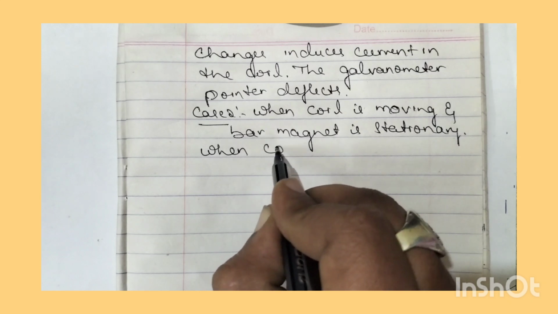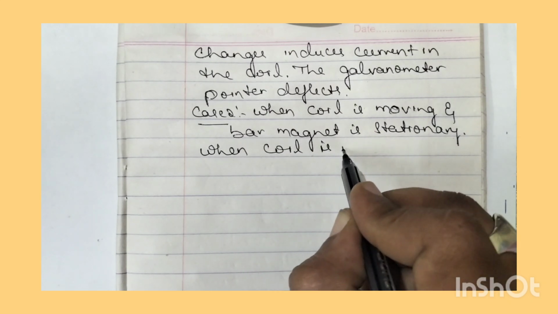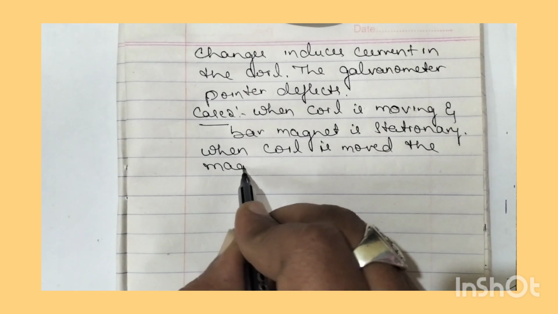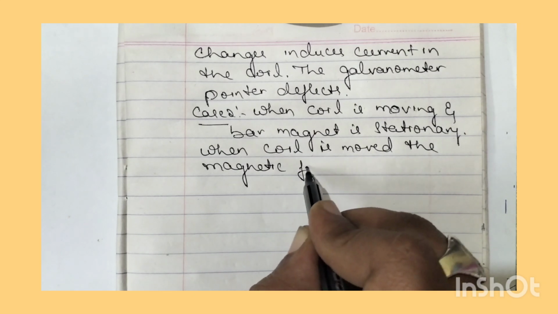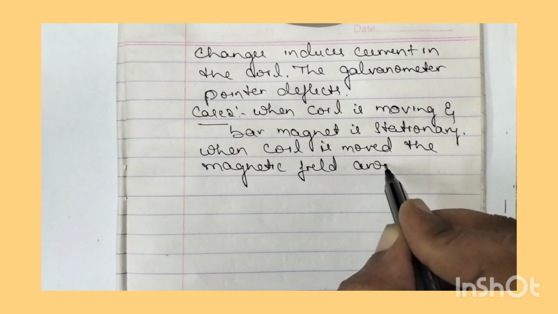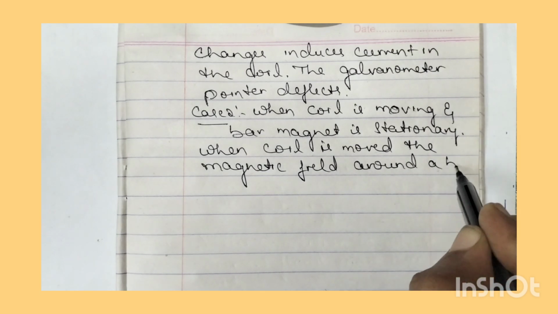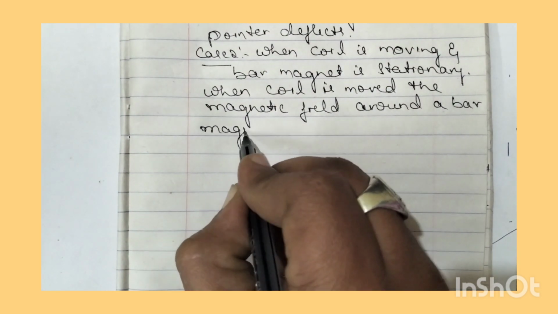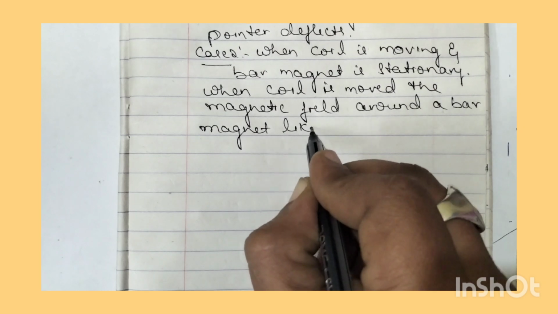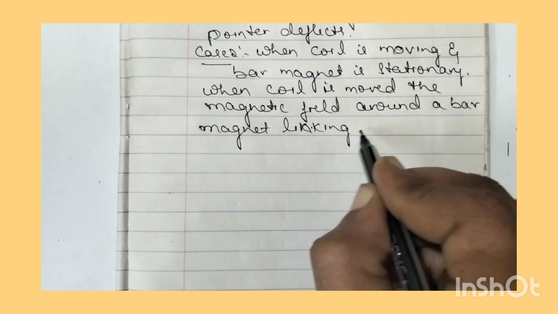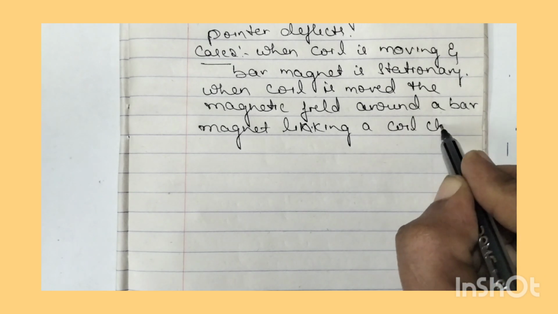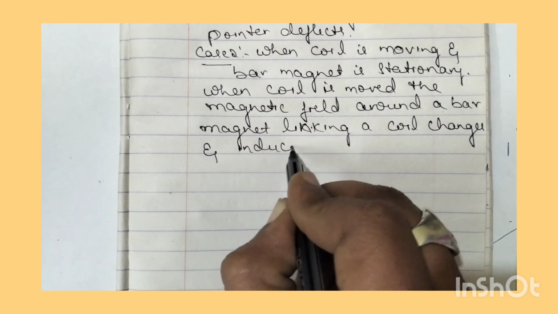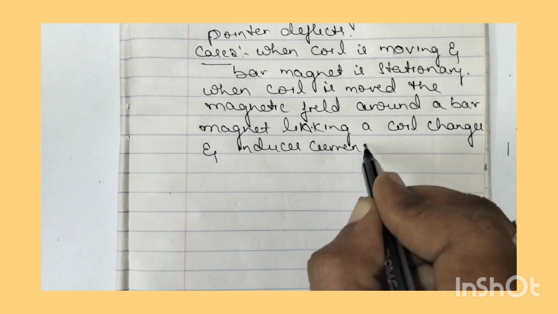When the coil is moved, the magnetic field around a bar magnet linking a coil changes and induces current in a coil.